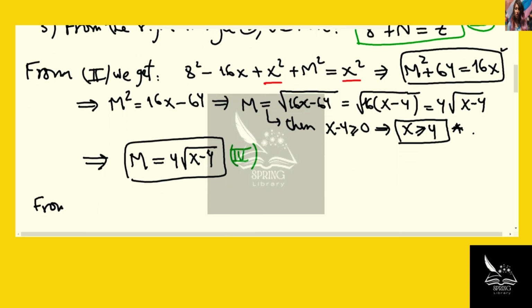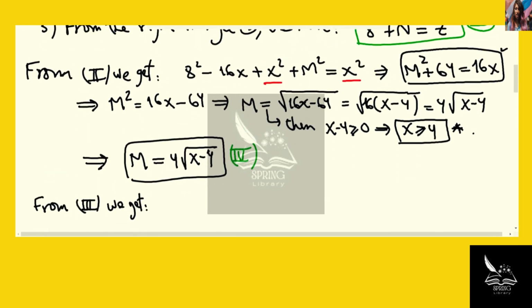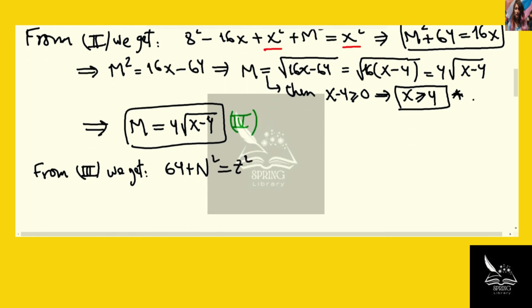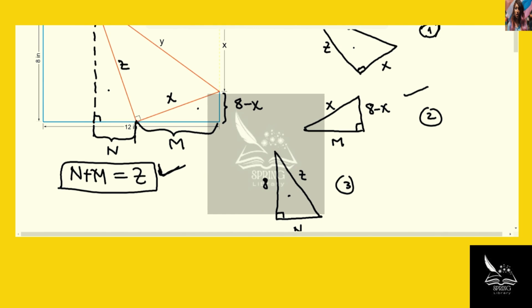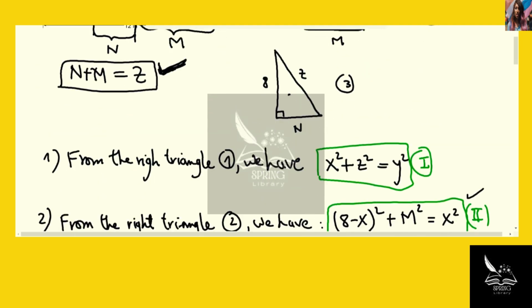Now from 3 we get that 64 plus n squared equals z squared, but we know that n plus m equals z, and that is the observation we make right here following the construction. n plus m gives us the whole length z here.